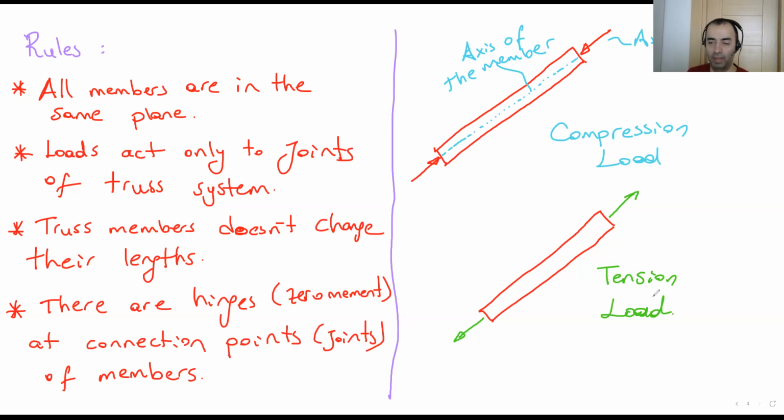So the main difference between compression and tension is this: compression tries to squeeze something, and tension stretches it. This is the main difference between these loading types.